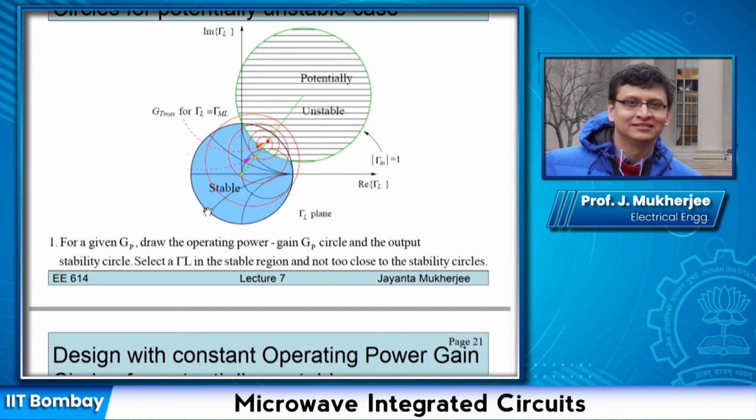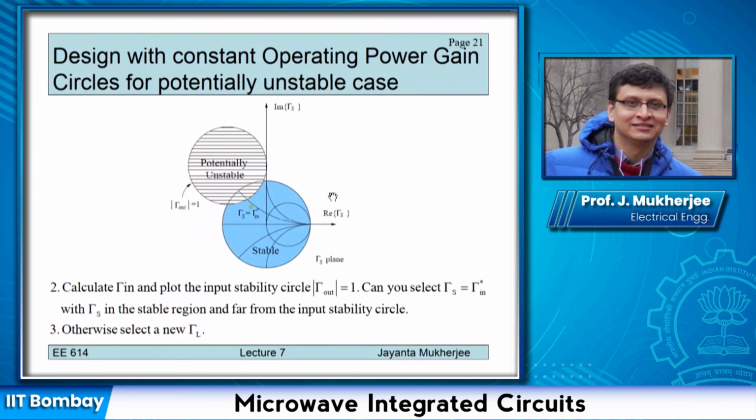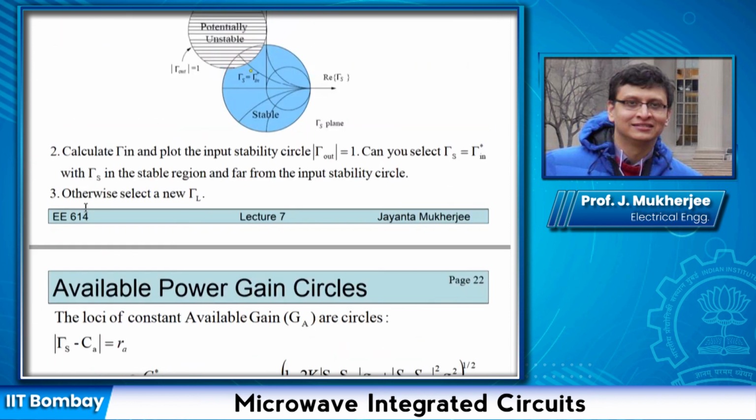Again find out the value of gamma in, again choose gamma S as per this equation, and then again go back to the input stability circles on the gamma S plane to check whether this value of gamma S that we are setting lies in the stable region or not. Okay, so we have to keep on doing this till we reach a point where both our gamma S and gamma L lie in the respective stable regions.